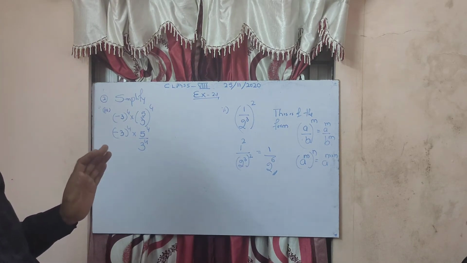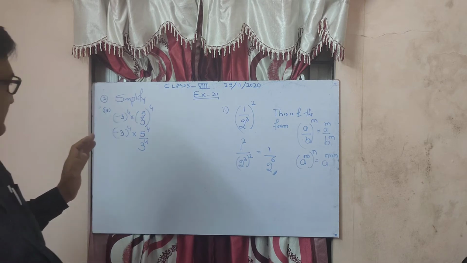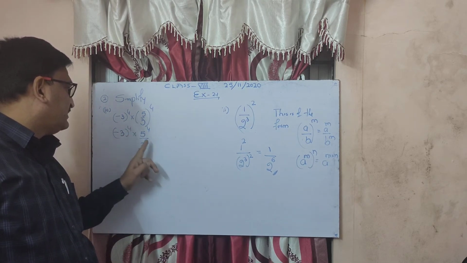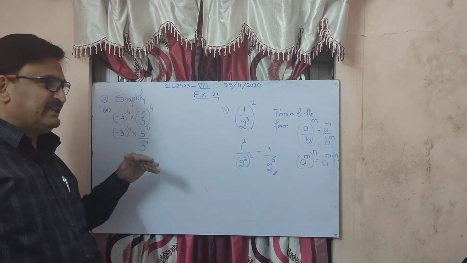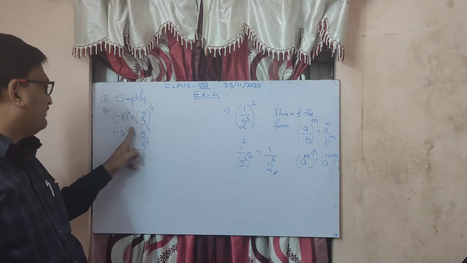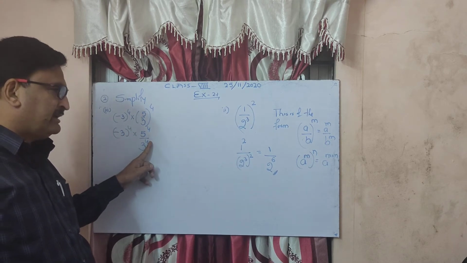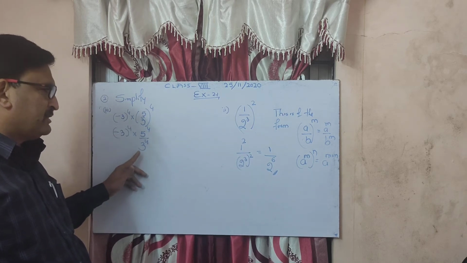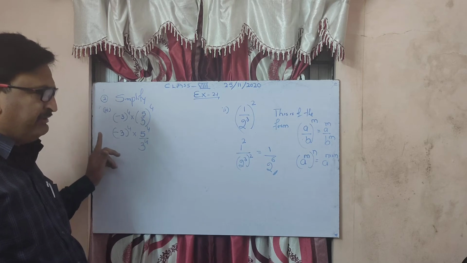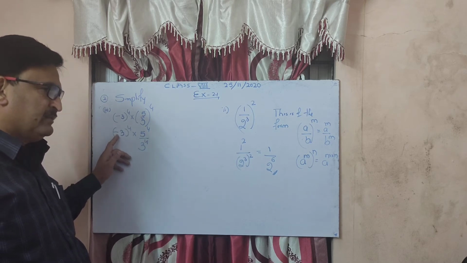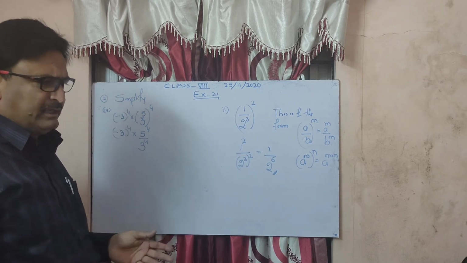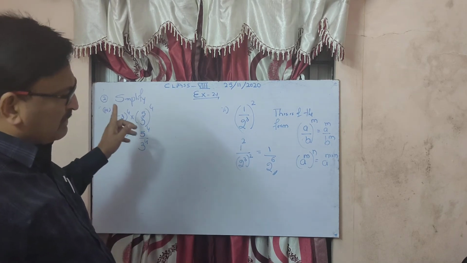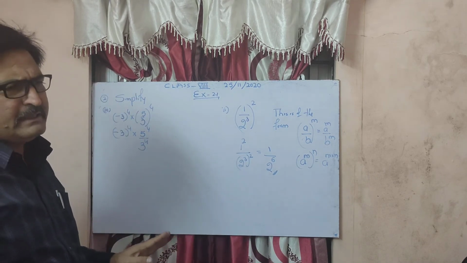So I think you understood what I am telling you. That is, if the power is an even number, like 2, 4, 6, 8, 10, and the base may be any number, if it is negative or if it is positive, that is okay. If it is negative, then the answer will always be positive only.